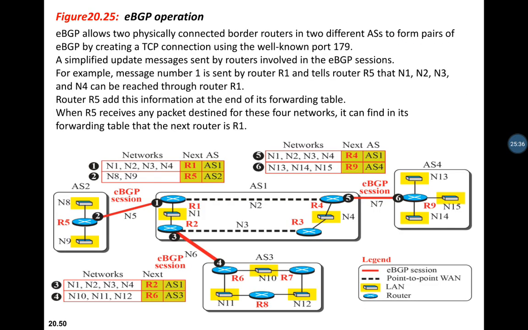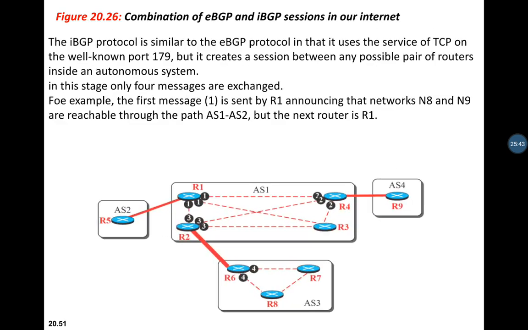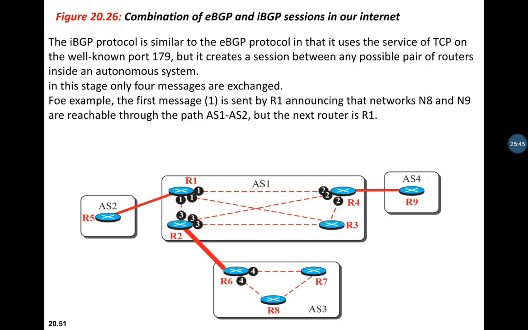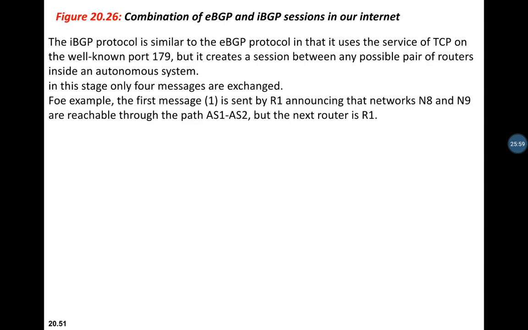So now you know the different types of messages with respect to external BGP operations and internal BGP operations. Internal BGP is similar to external in that it uses the services of TCP, but it creates a session between any possible pair of routers inside an autonomous system. In this stage, only 4 messages are exchanged.